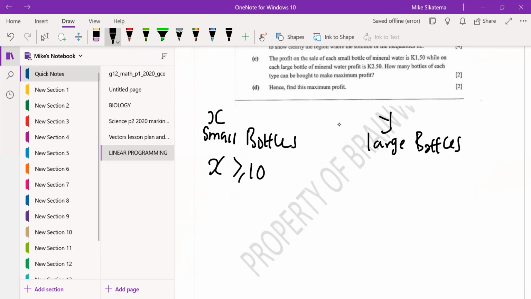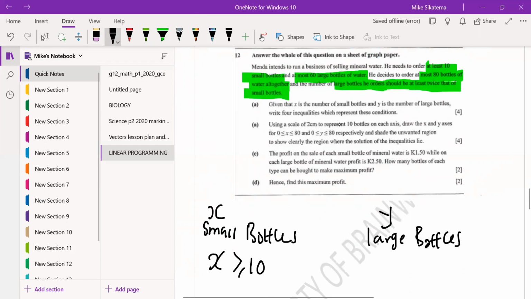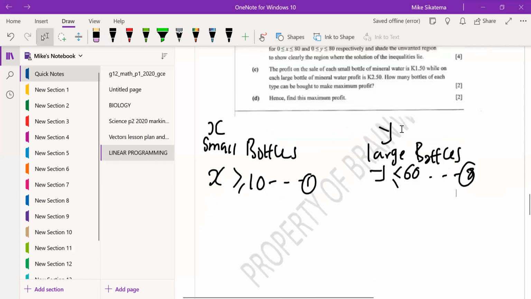Then at most 60 large bottles. Let's read together. At most 60 large bottles. So if Y, meaning at most, it should be less than 60 or equal to 60. Then altogether he has to have at most 80 bottles.